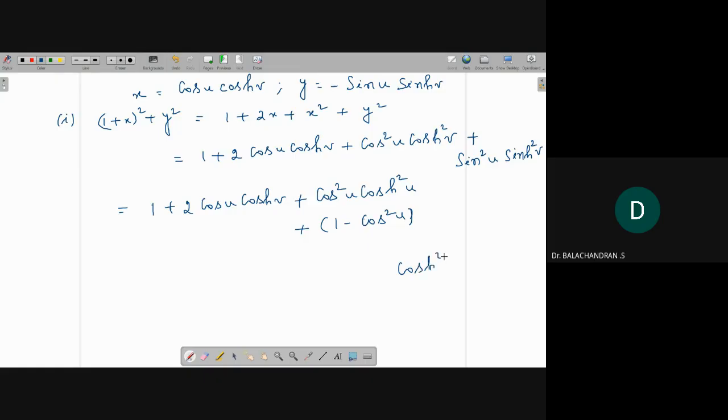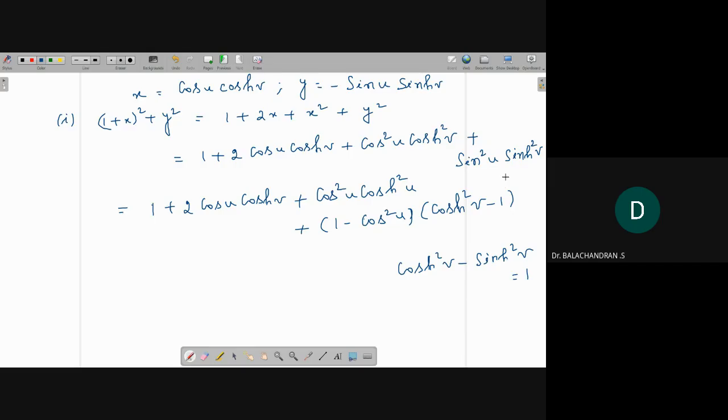How to write sinh square v? Cosh square v minus sinh square v equals 1. So sinh square v equals cosh square v minus 1. Yes, correct. So you have enough practice. Sin square u equals 1 minus cos square u, so that's why you told immediately.